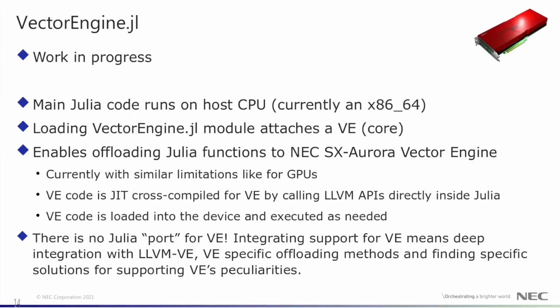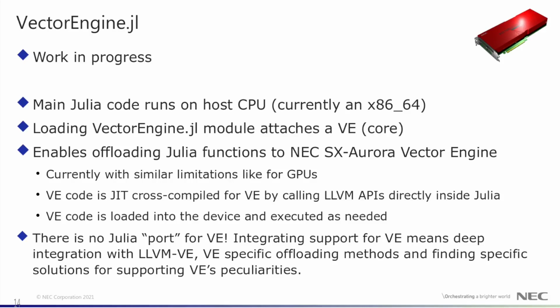Finally, getting to the VectorEngine.jl Julia module. This is work in progress. The main Julia code runs on the host CPU, currently on an x86-64. And by loading VectorEngine.jl, you are attaching a vector engine core to the Julia program.